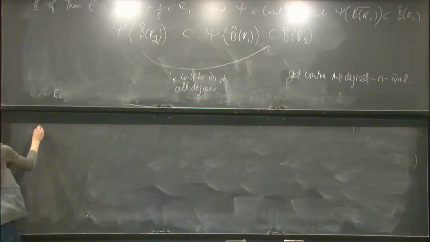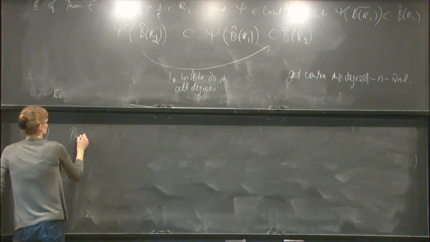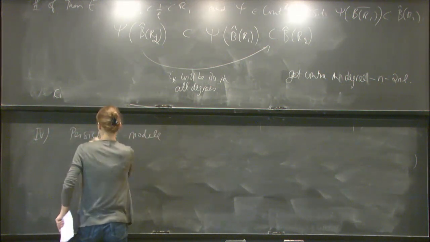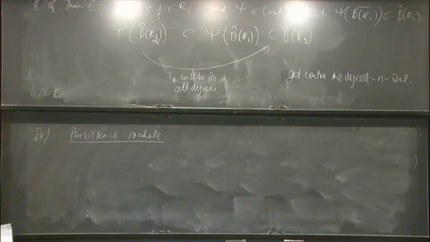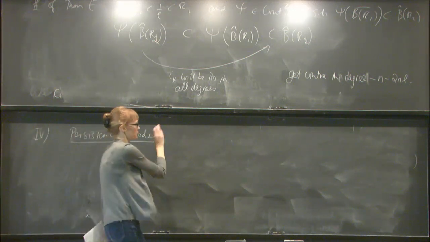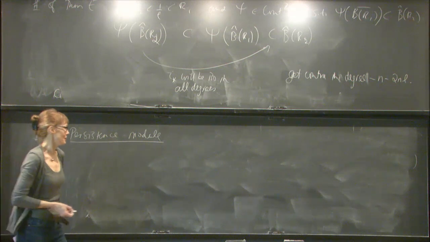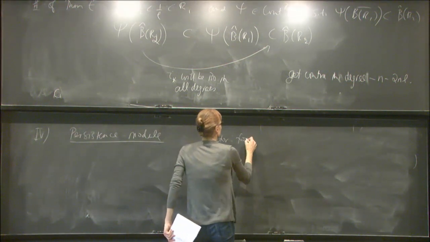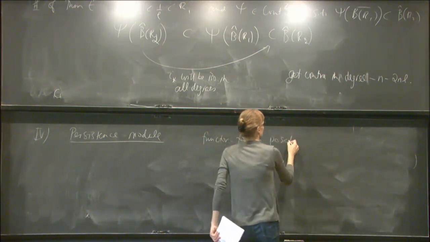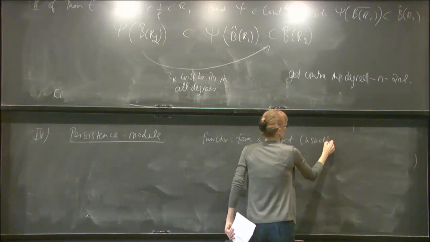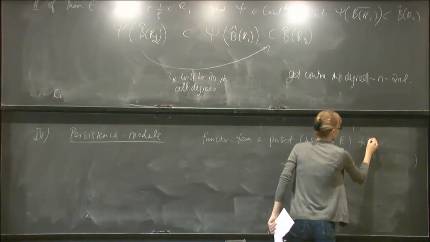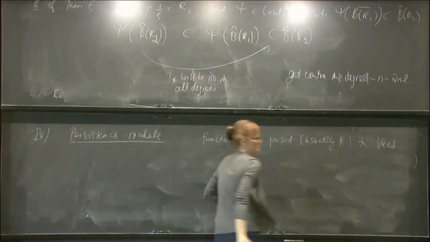So let me just tell everybody what a persistence module is. It's kind of fancy terminology, coming from computer science, but actually it's just a functor from a closed set, usually R, to vector spaces.